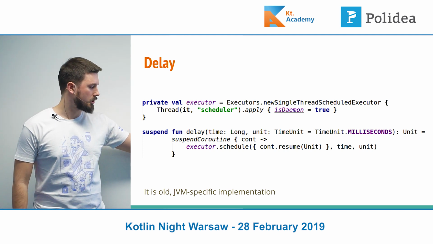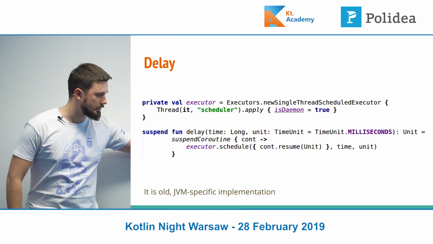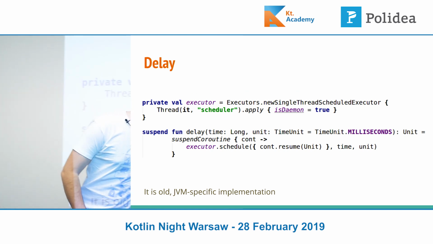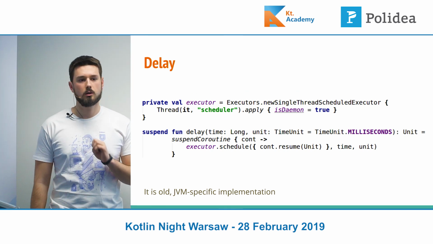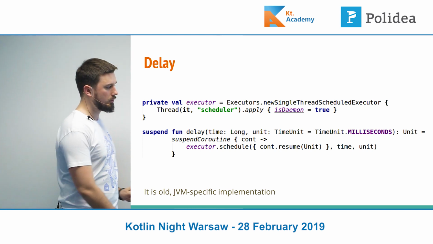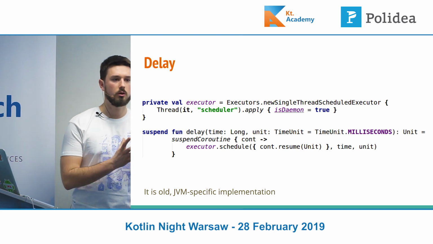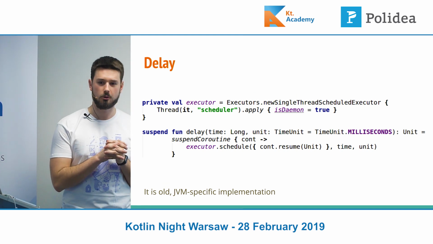This is a Kotlin primitive, suspendCoroutine. But before it suspends it, it schedules an executor to resume the continuation. This continuation, we'll talk about it in a moment, contains the rest of our coroutine yet to be executed.